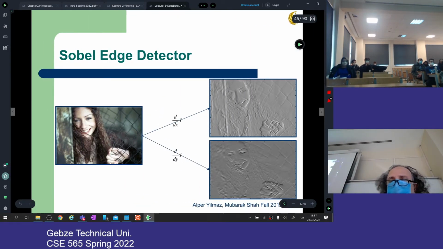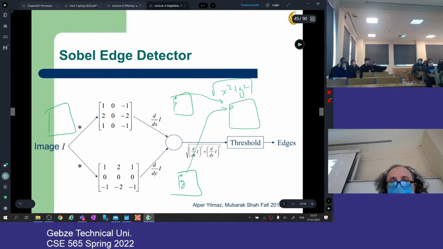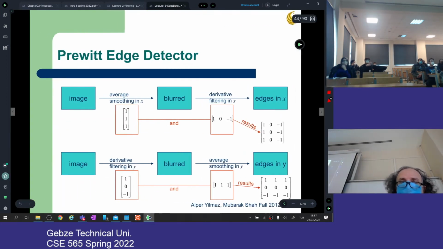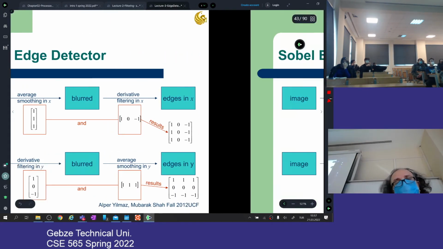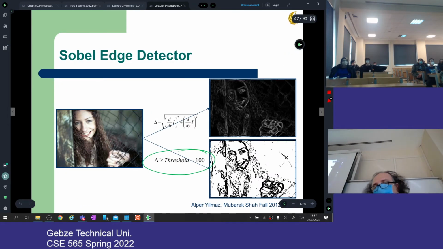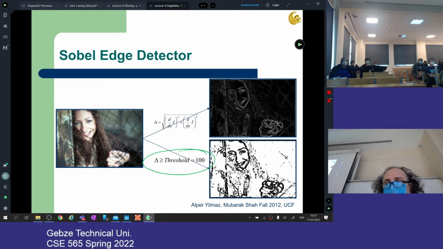Maybe the other parameter is the amount of smoothing before you apply these two operators. But it looks like I have already decided that for Sobel, this will be the smoothing operator. For Prewitt, this will be the smoothing operator. So it looks like only a single parameter for this simple edge detector class, Sobel and Prewitt edge detectors.